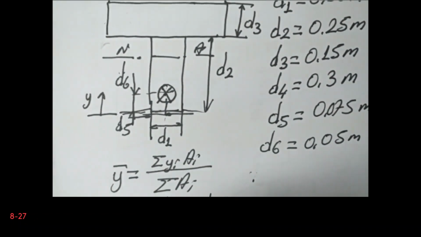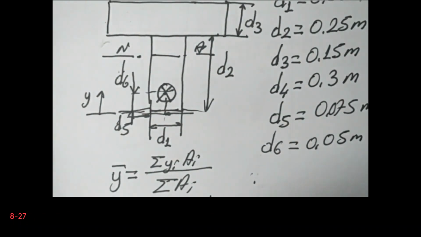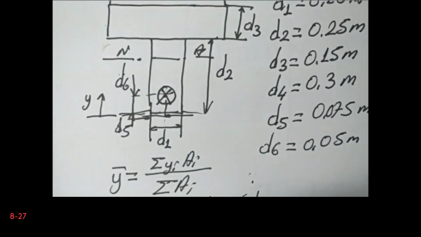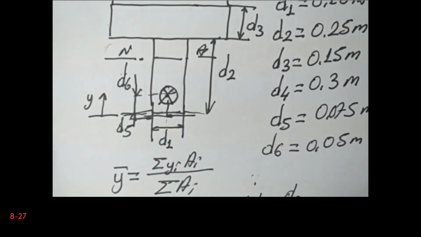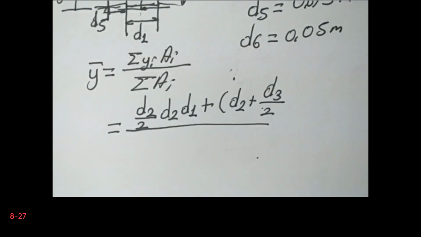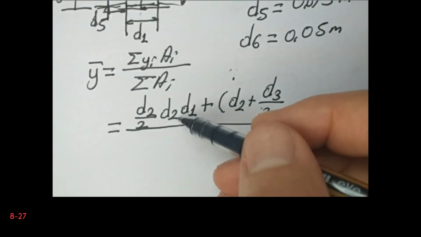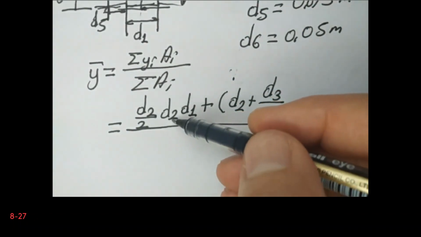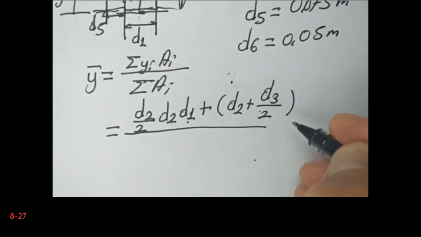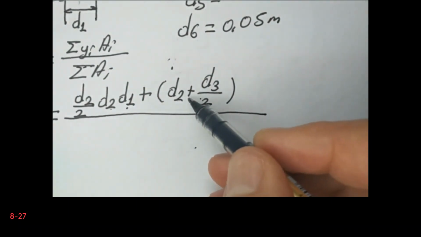Now the horizontal part, the centroid is located at D2 plus D3 divided by 2, and the area is D3 multiplied by D4.